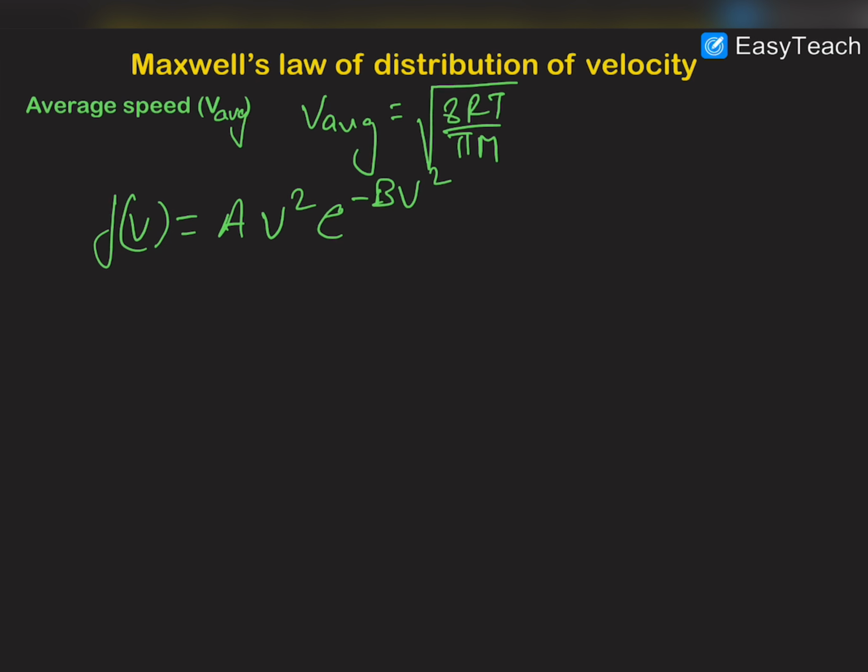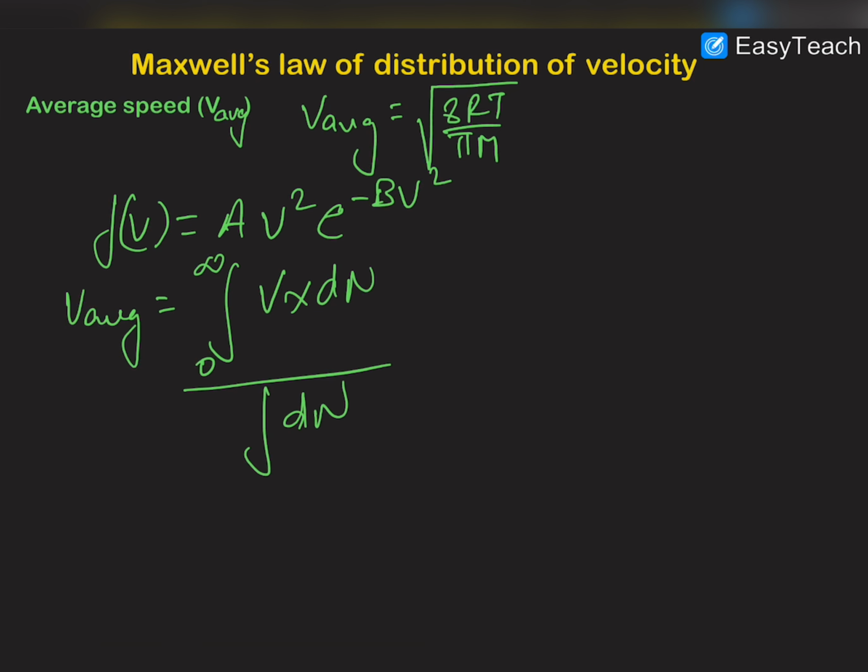This is the probability density function, and we know that to find the average speed, the formula should be integration of v dn from 0 to infinity upon integration of dn. You can imagine how I have created this formula.